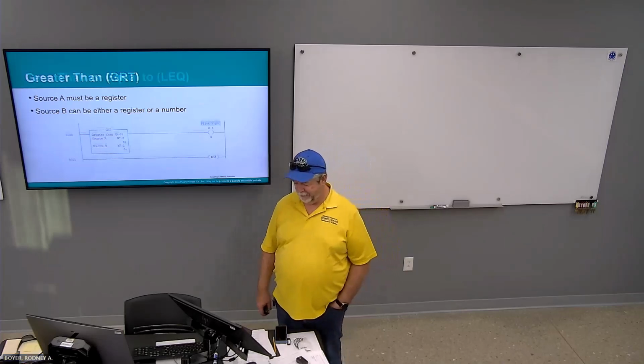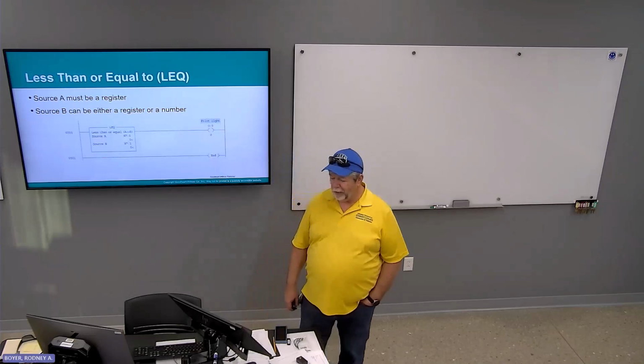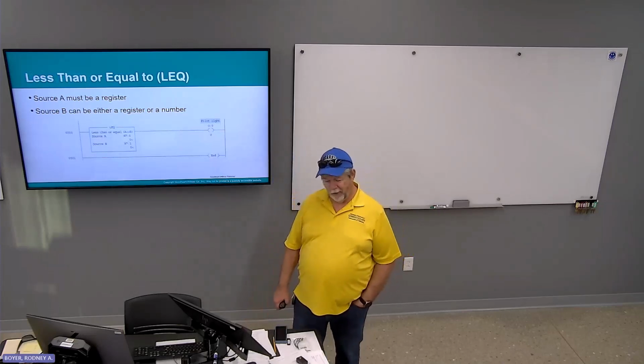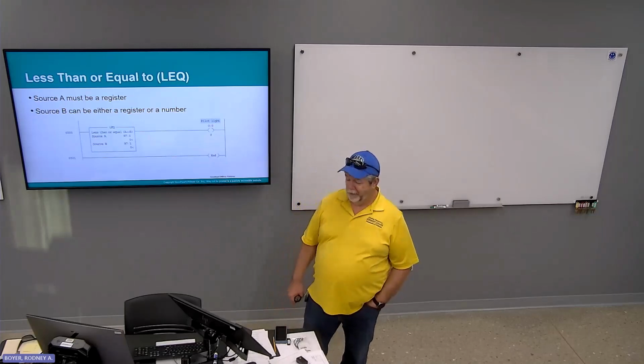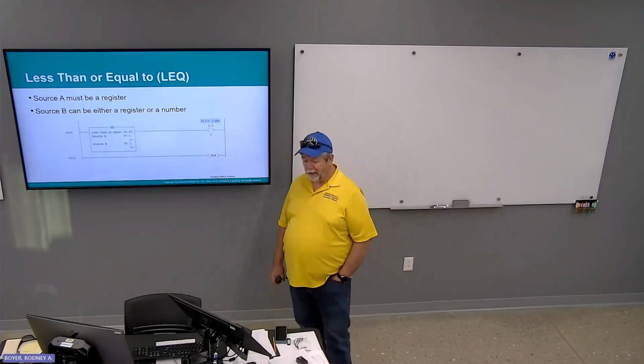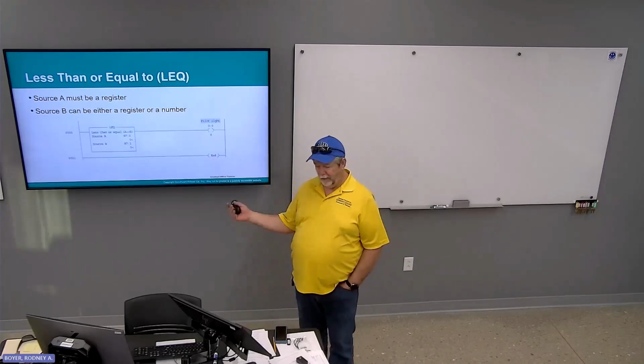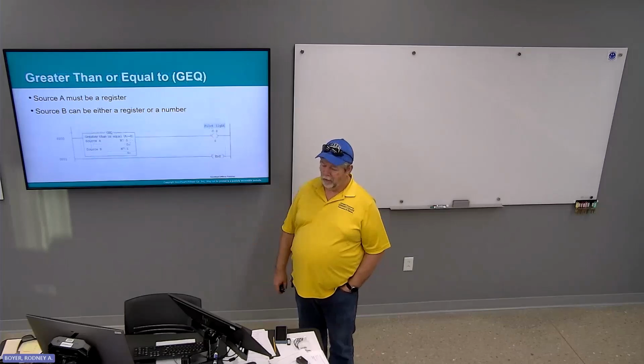Greater than, A must be a register, B can be a register or number. 0 is not greater than 0, so the pilot light's off. Less than or equal to, source A must be a register, source B a register or number. 0 is in fact less than or equal to, because it's equal to 0, so the pilot light's on.